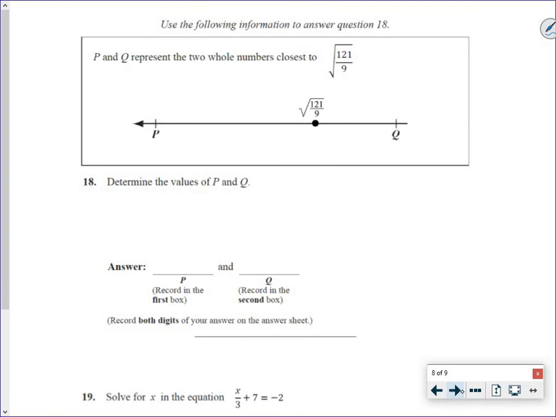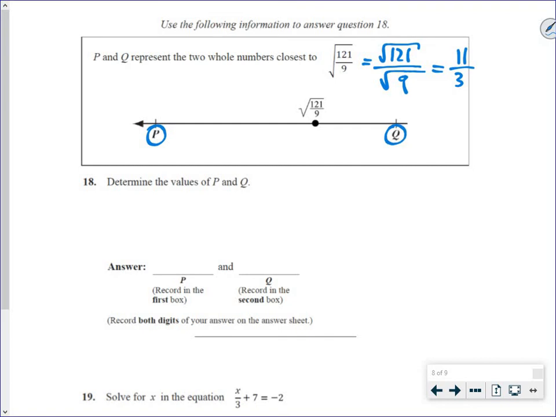Moving on. P and Q represent the two whole numbers closest to square root of 121 divided by 9. Alright, I can rewrite this as root 121 over root 9. The square root of 121 is 11, and the square root of 9 is 3. Okay, so these are whole numbers here.